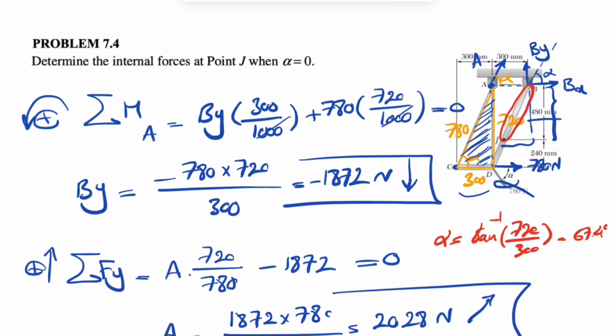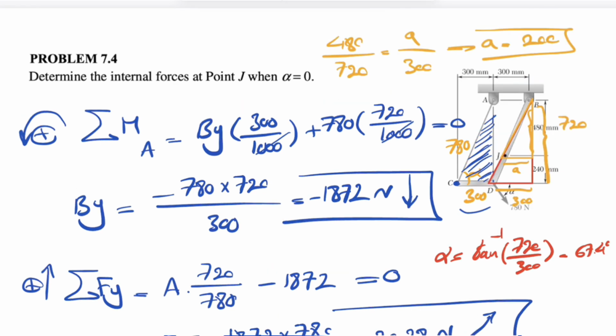For finding that, I'm just going to clean up the figure so we can see it better. The distance that we are looking for is this one, which we can call A. And we have this one, 300, and we also have this side, 720, and this one, 480. Since we have two similar triangles, we have 480 over 720 equal to A over 300.